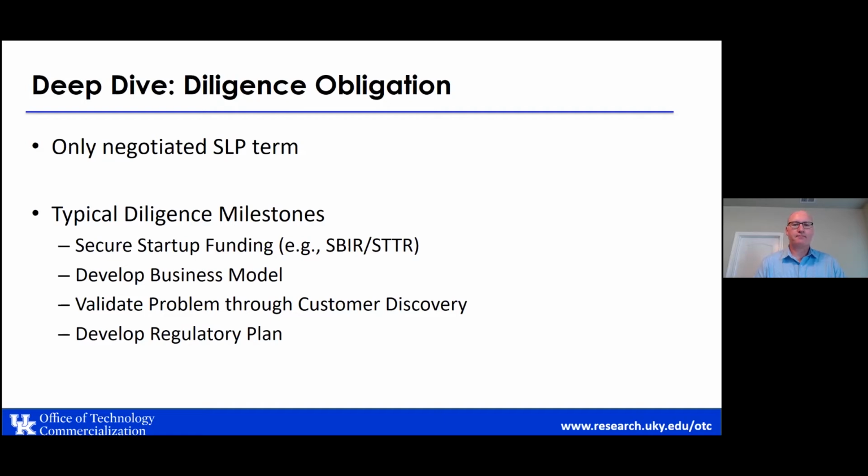For example, things that might be in the diligence milestones are securing SBIR or STTR funding, some early startup funding, and developing the business model so that you have an idea of who the customer is, what the value propositions and key features are, and what problem this is solving in the marketplace.